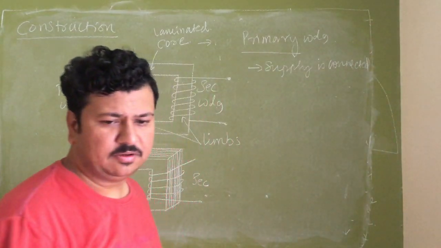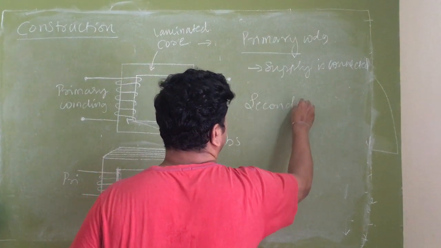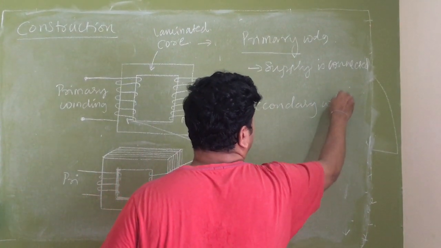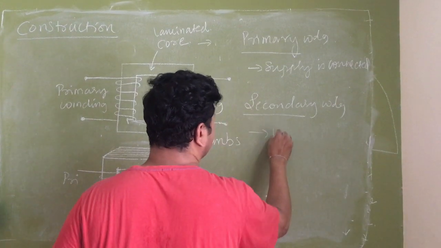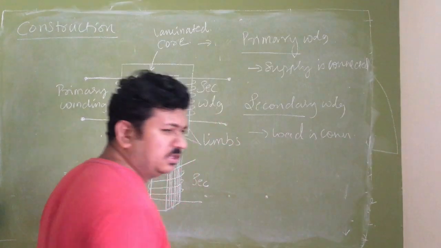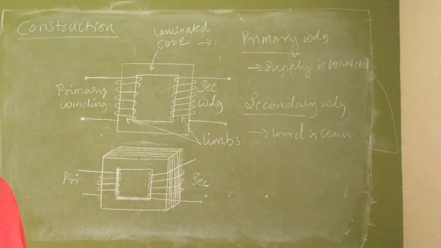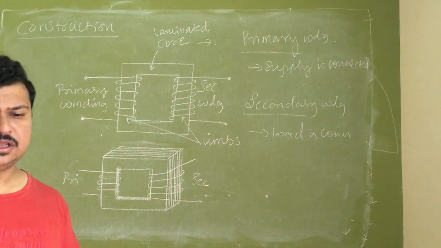Secondary winding is the one to which load is connected. Load is anything that receives electrical power.